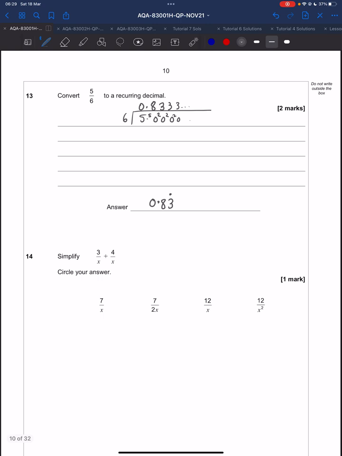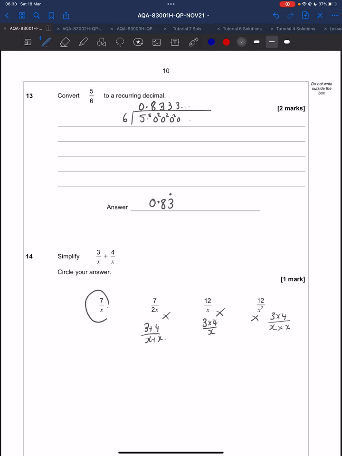Okay, simplify this. Well, this one is wrong, because that is 3 times 4 over x times x, and it's just not right. This is wrong because it's 3 times 4 over x. That's what we want here. This is wrong because this is 3 plus 4 over x plus x.